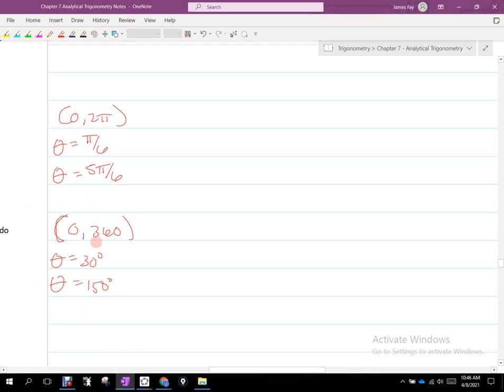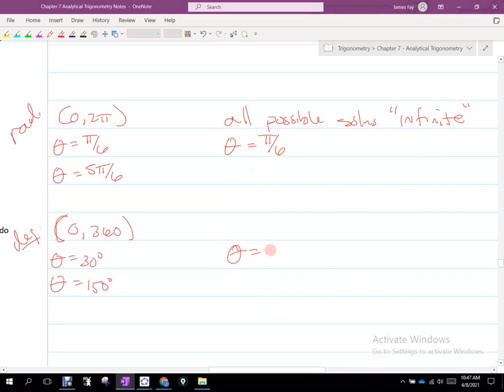Those things say the same thing, just in different units. So that's radians, and that would have been degrees. If they want all possible solutions, there's an infinite amount of them, right? The first one is going to happen at pi over 6 or at 30 degrees, right?